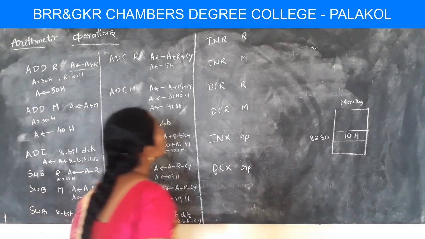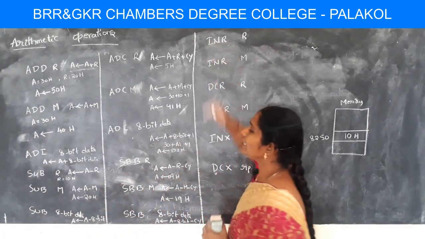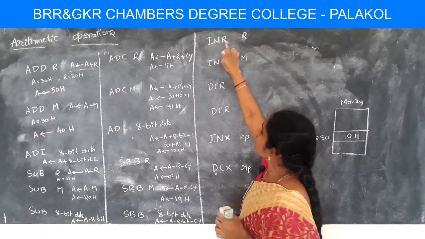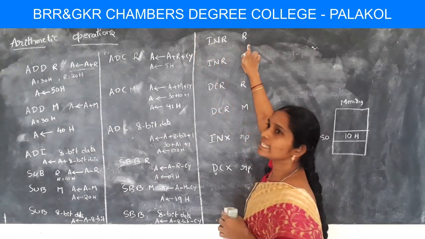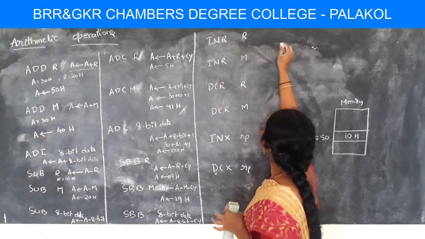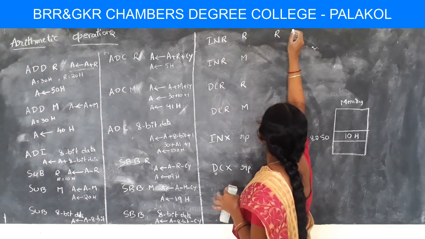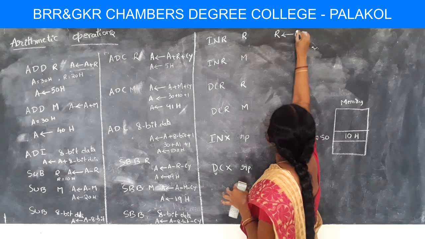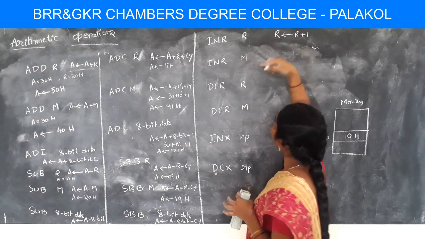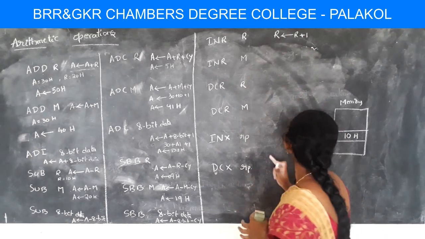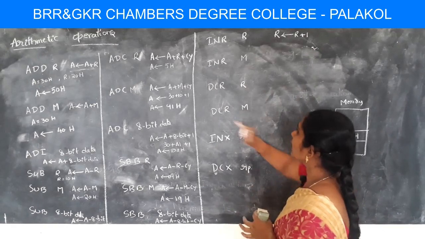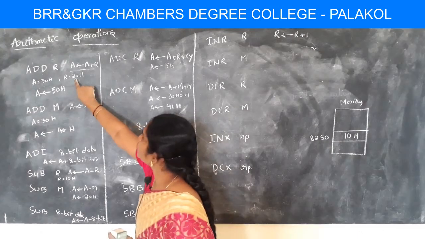Okay. Similarly, next, INR is nothing but increment register R. The meaning of this instruction is R is equal to R plus 1. We have to increment, that means we have to add 1. For example, here I consider the register is 20.